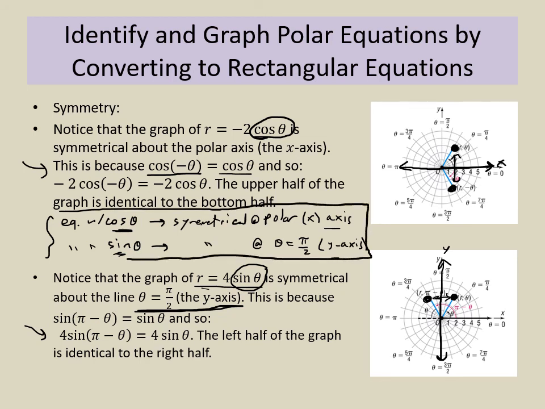So that's the important part here. When you have cosine, what kind of symmetry is that going to be? When you have sine, what kind of symmetry is that going to be? So we're going to stop right here for our first objective, and we're going to get into the next objective in the following video.